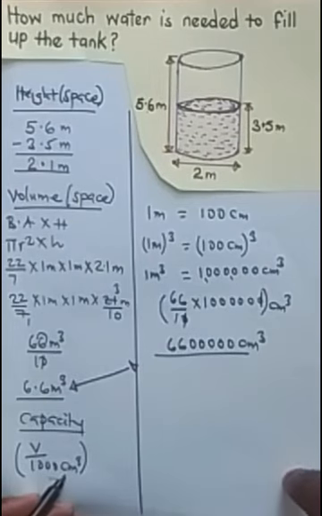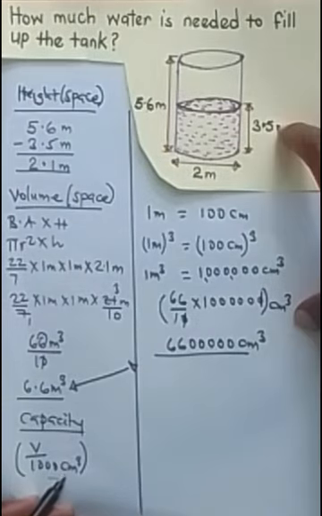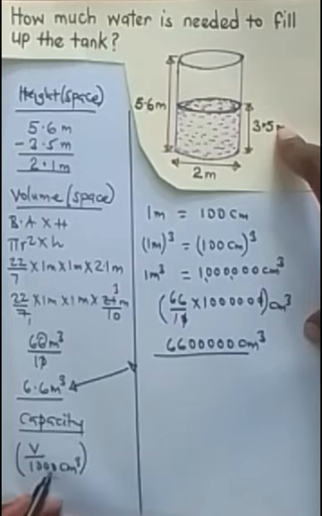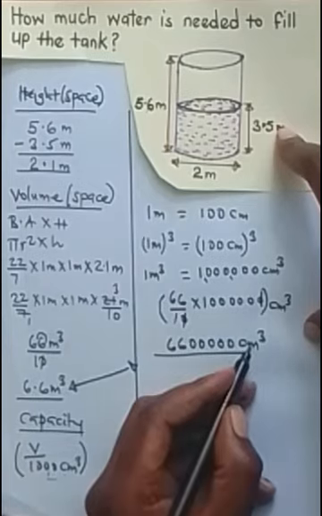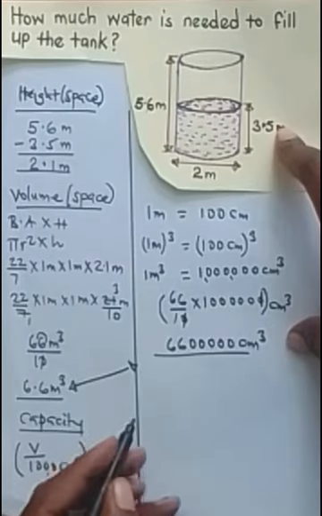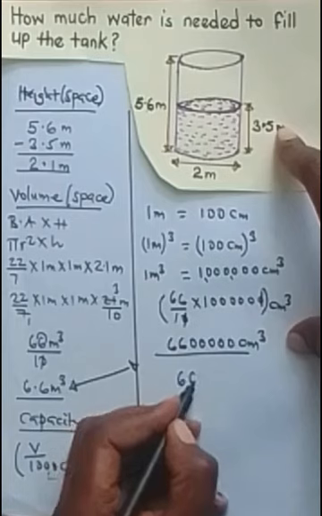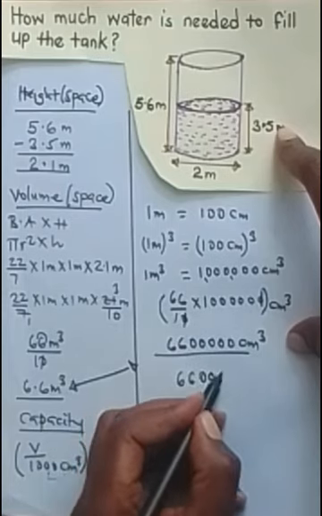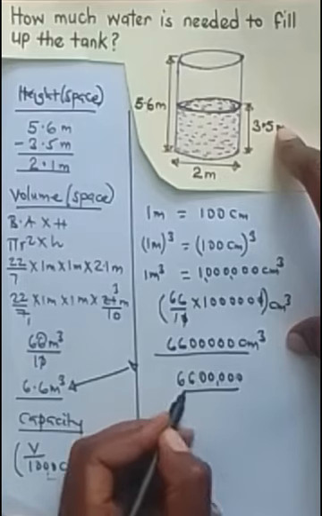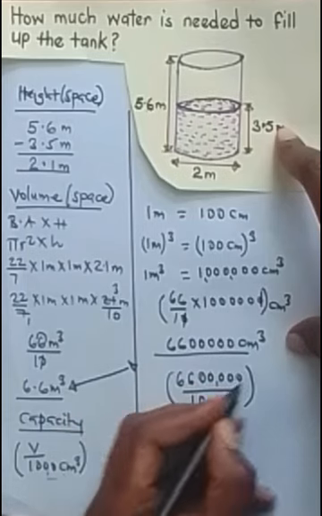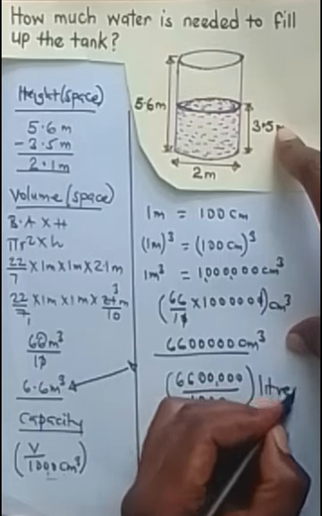Now I can use the formula of getting the capacity, which says volume out of 1,000 cubic centimeters. So my volume is here. You realize when I divide, the cubic will go away. So my work will be only to divide 6,600,000 by 1,000, and now my units will be in liters.